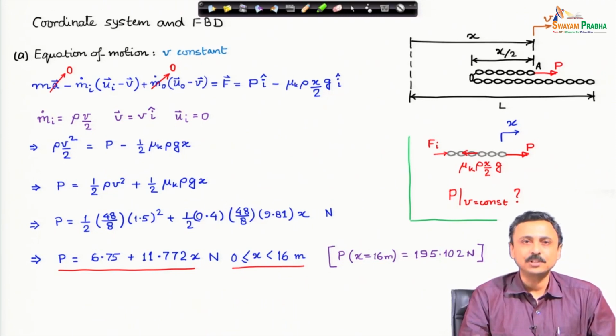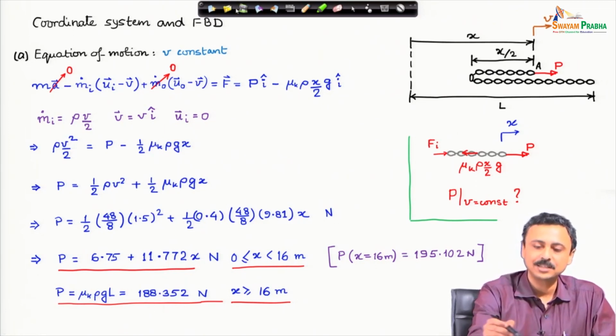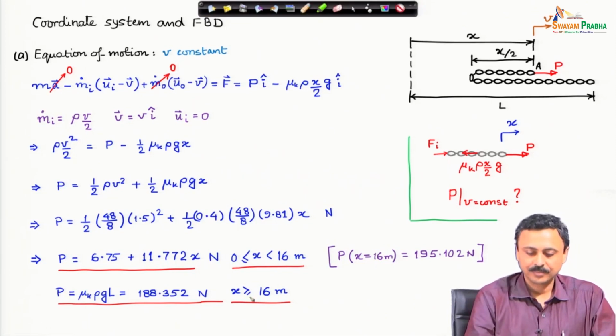It becomes a simple straightforward problem of a body with fixed mass, and what is that mass, that 48 kg or 42 kg. So, that much mass of chain is moving on a rough floor, and what is the force required to keep moving it at that velocity? It is just the friction force. You have to just balance out the friction force, and that friction force turns out to be 188.352 Newton when x is greater than or equal to 16 meter.